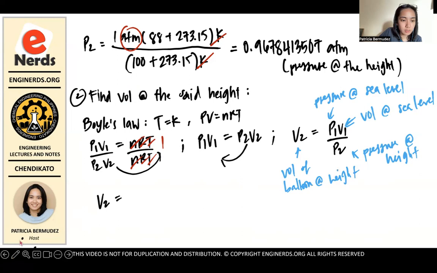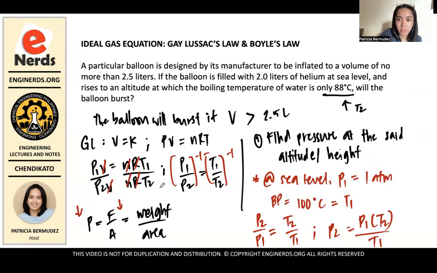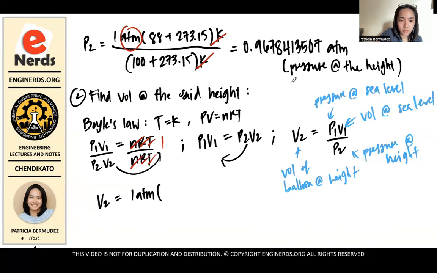So, yung V2 natin is, yung P1 is 1 atm kasi sea level, times yung volume at the sea level, which is here, 2 liters. So, 2 liters divided by yung P2, which is the pressure at the altitude, which is this one. So, it's 0.9678413507 atm. You can see na makakancel yung atm natin.